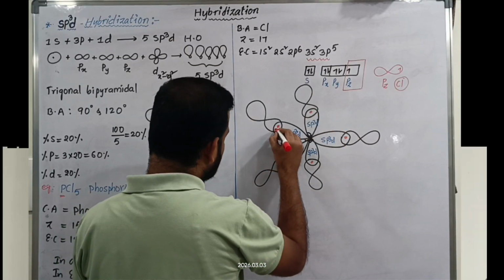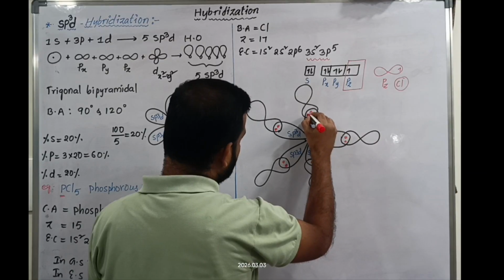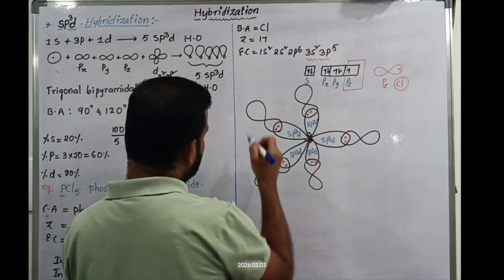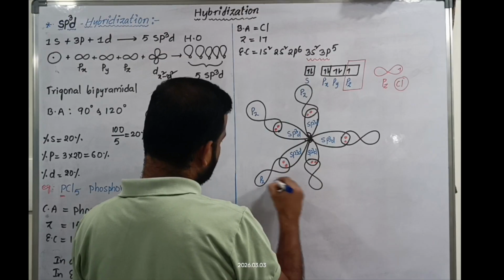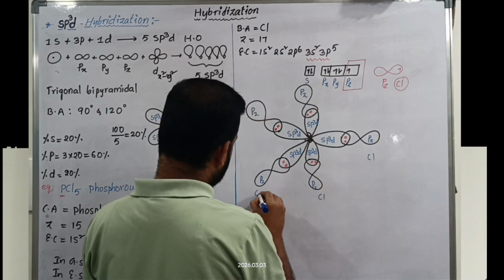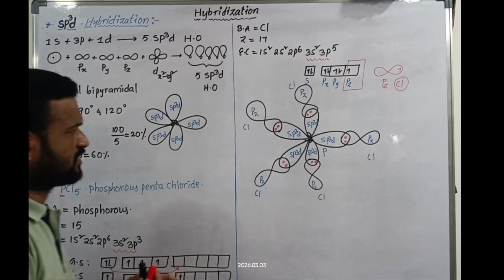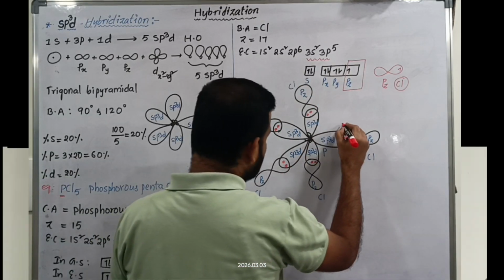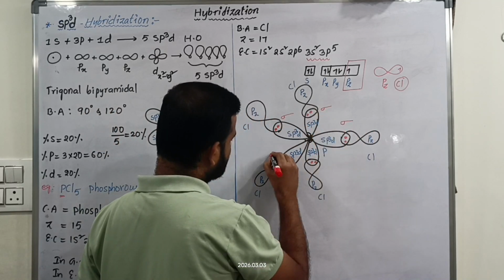One electron comes from the pz orbital of a chlorine atom. This is the pz orbital of a chlorine atom. The central atom here is phosphorus. Here a sigma bond is formed: sigma, sigma, sigma, sigma.